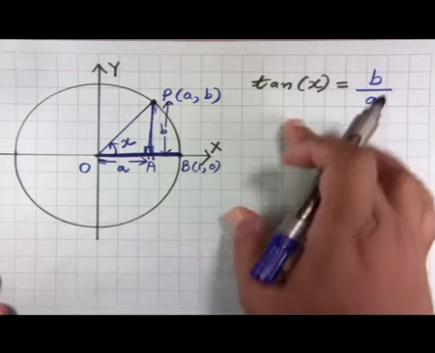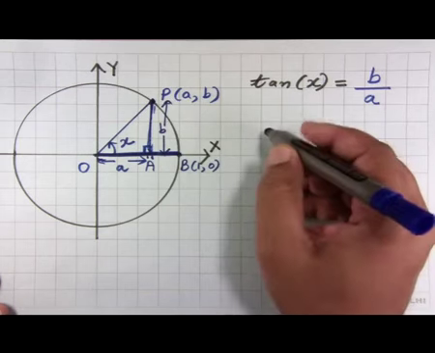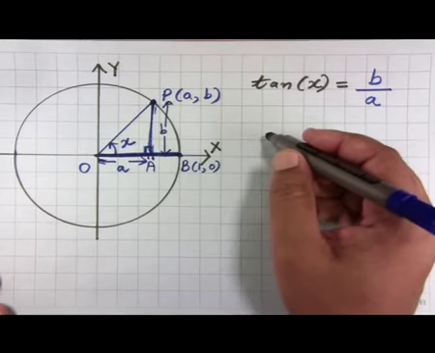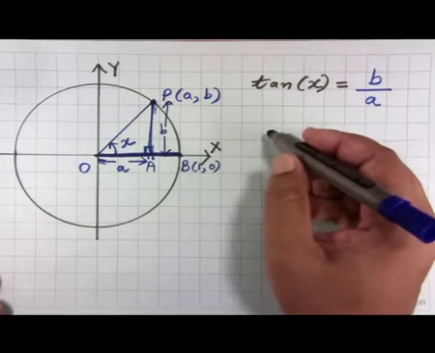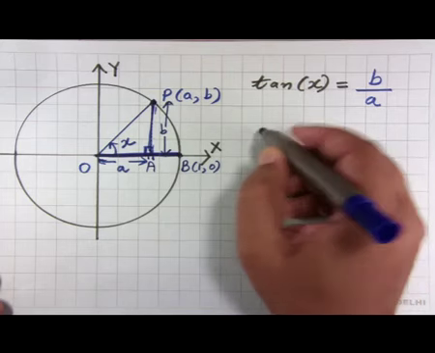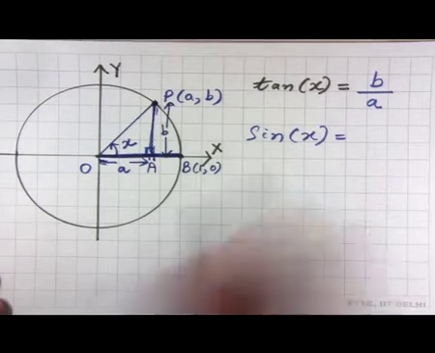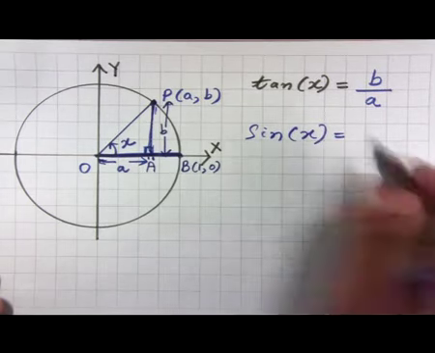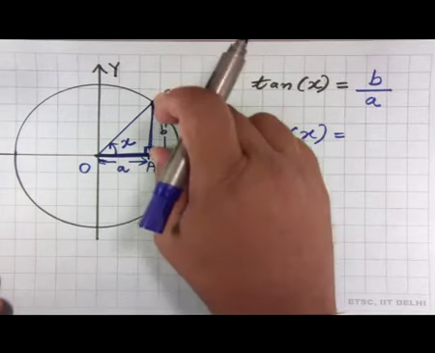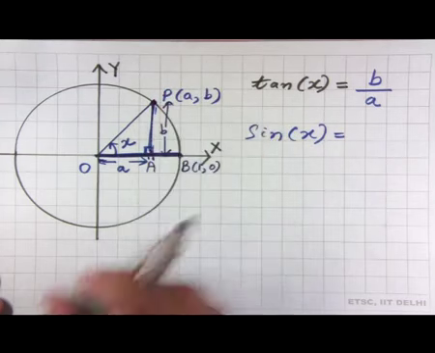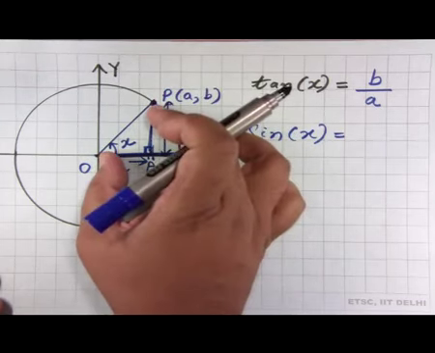And if you recall, in lecture 1 we had defined sine of x as the length of the opposite side divided by the length of the hypotenuse.